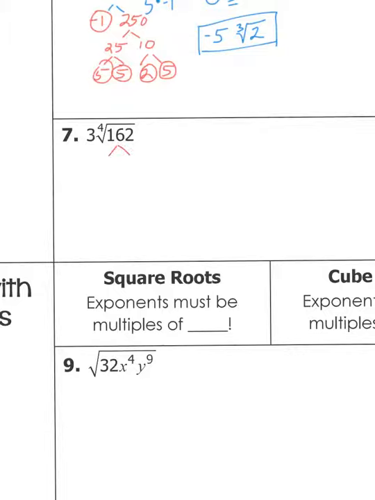So if you factor this, you get, let's see, 9 goes in there, 18 times, okay, so I have a 3 4th root of a 2 and 4 3s.